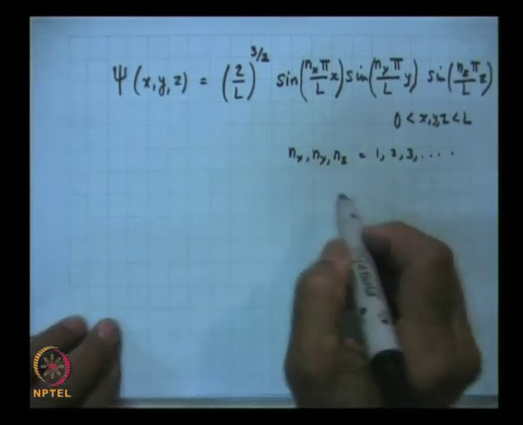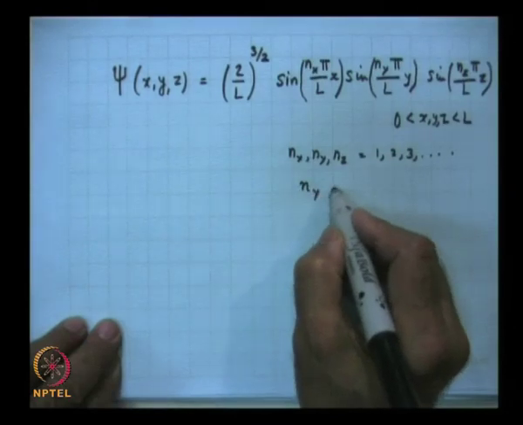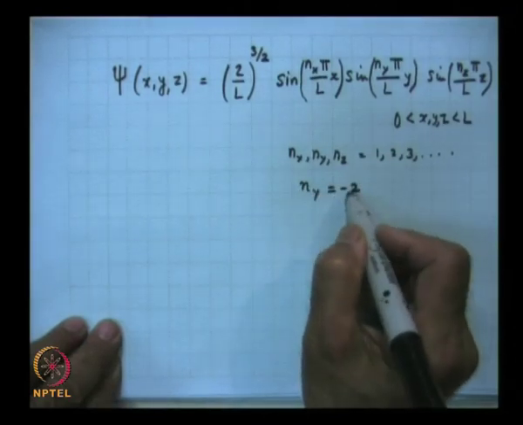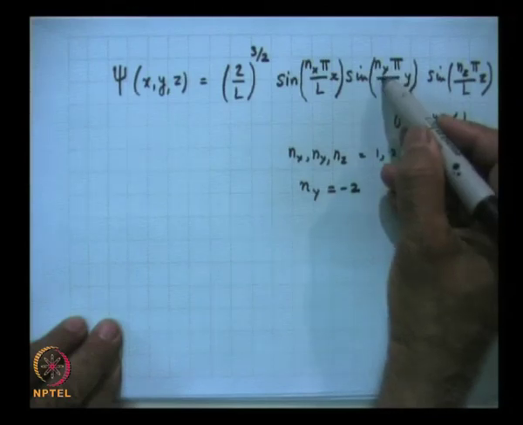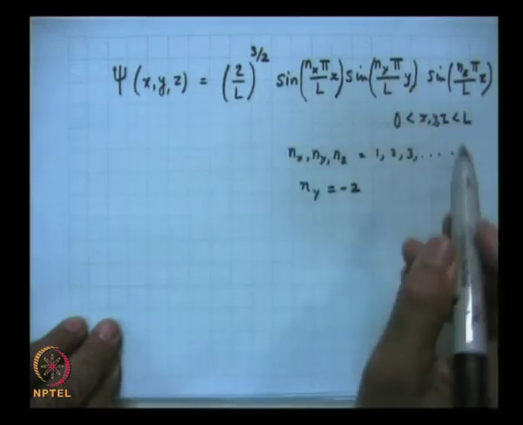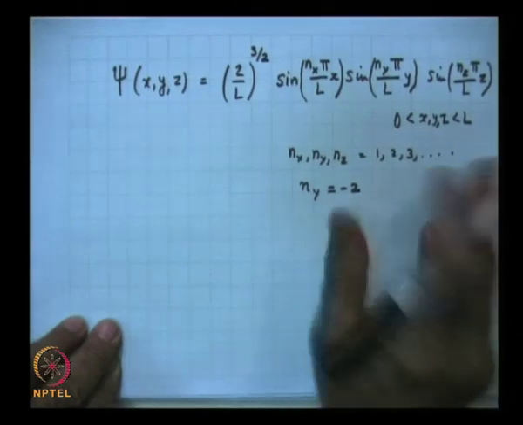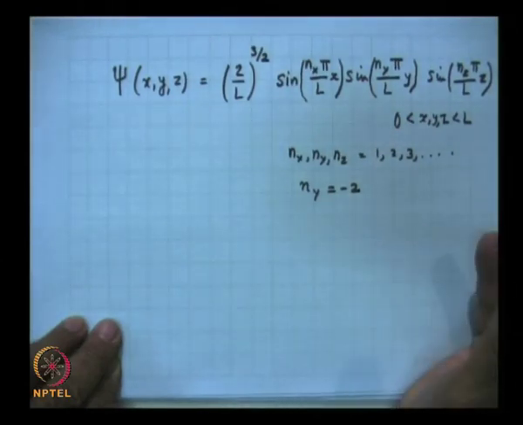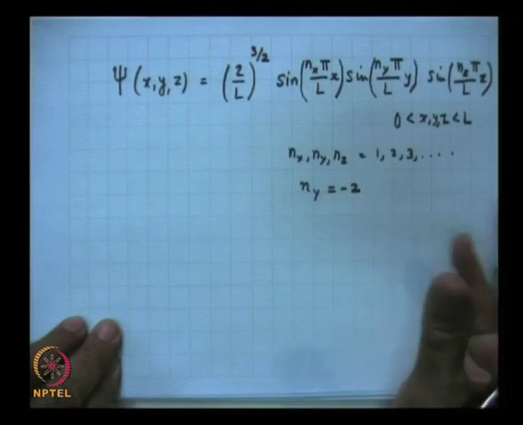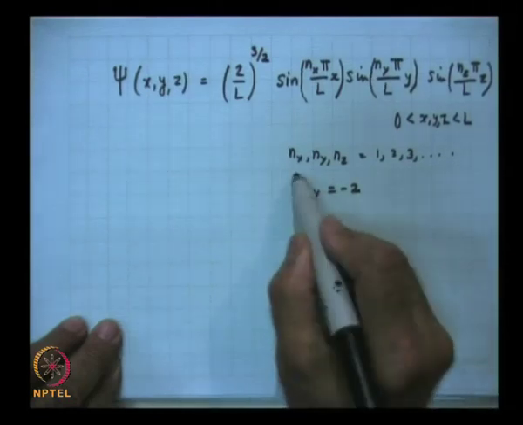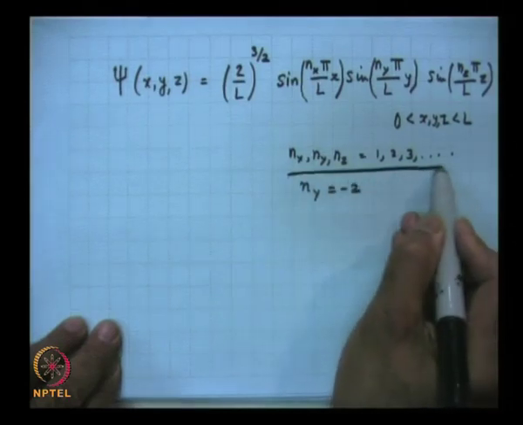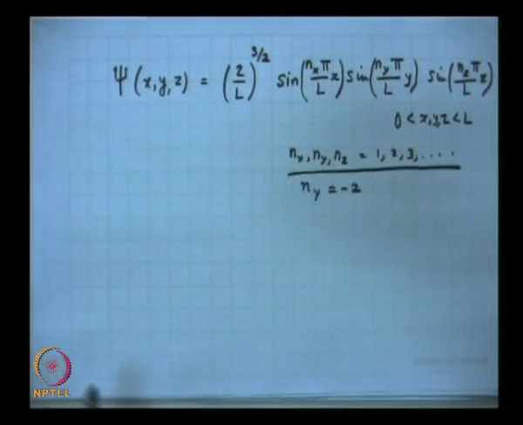And also, if I take say n y equal to minus 2, then if I take plus 2 and minus 2, it will only change the sign of the wave function, to which the wave function is always arbitrary. So, it will not lead to any new energy state or a new wave function. So, that we restrict ourselves to only positive integer values, integral values of n x, n y, n z.